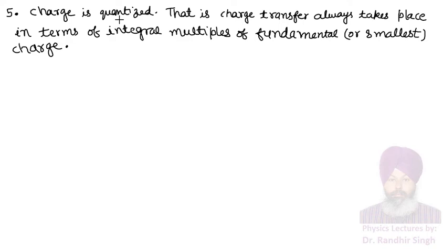In the same way, charge also shows graininess. Whenever charge transfer takes place from one body to another body or from one system to another system, it always takes place in integral multiples of some fundamental value, the smallest possible charge. The smallest possible charge that we use for high school students is e.